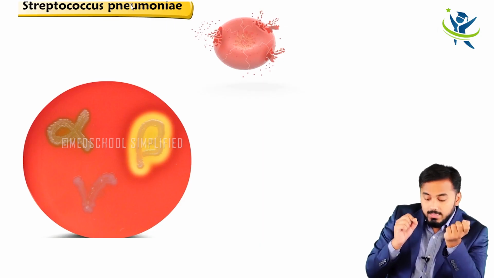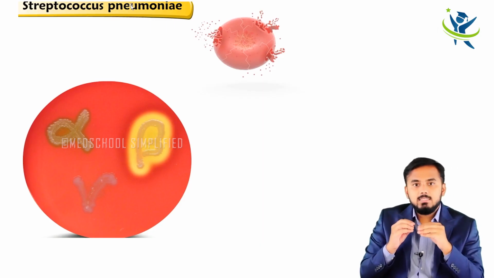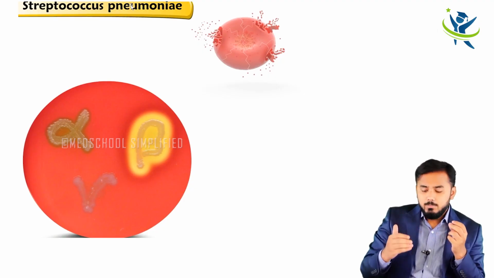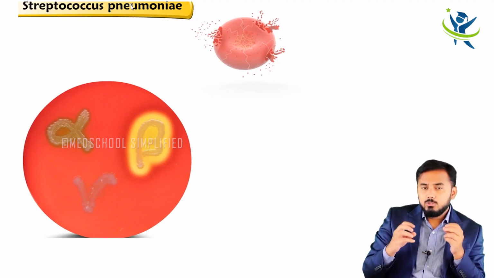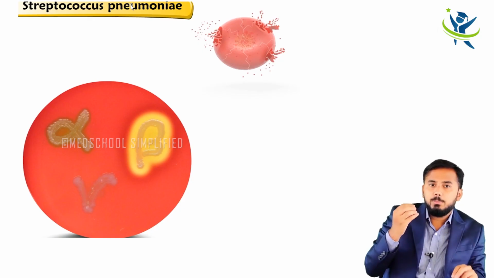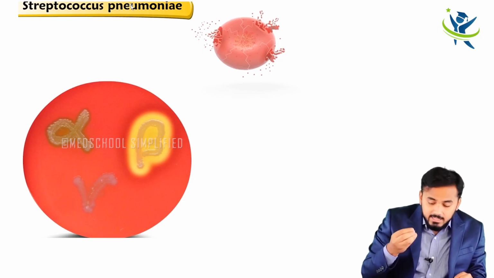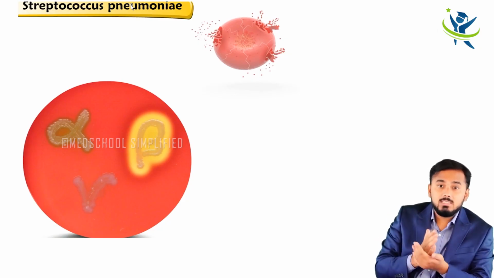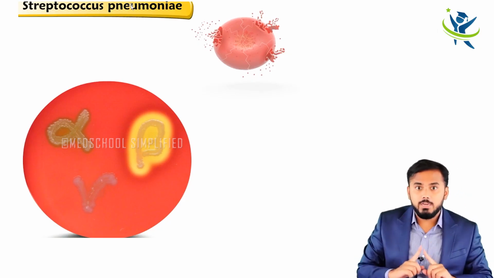Now this bacteria releases some toxin. Let us say this bacteria is beta hemolytic, so it releases a toxin called beta hemolysin. This beta hemolysin will cause lysis or hemolysis of all the RBC surrounding it.